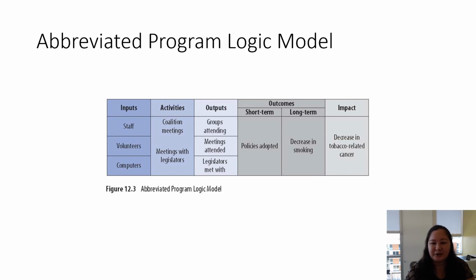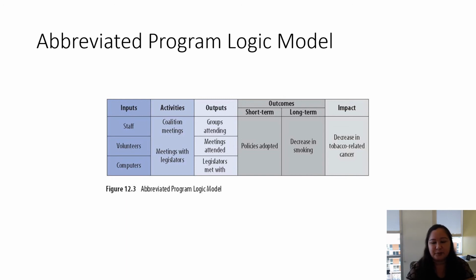So here for inputs, you're thinking about what resources do I need? You need staff, you need volunteers, you need computers, and again, this is geared towards tobacco-related policies and the health implications that follow. Based on your resources, what activities are you able to do? In this example, it's coalition meetings and meeting with legislators. And then what's the output?